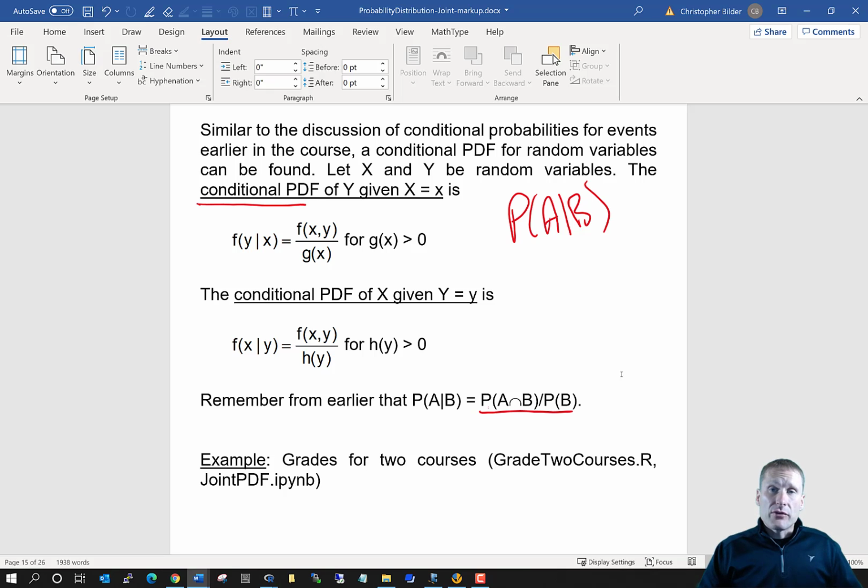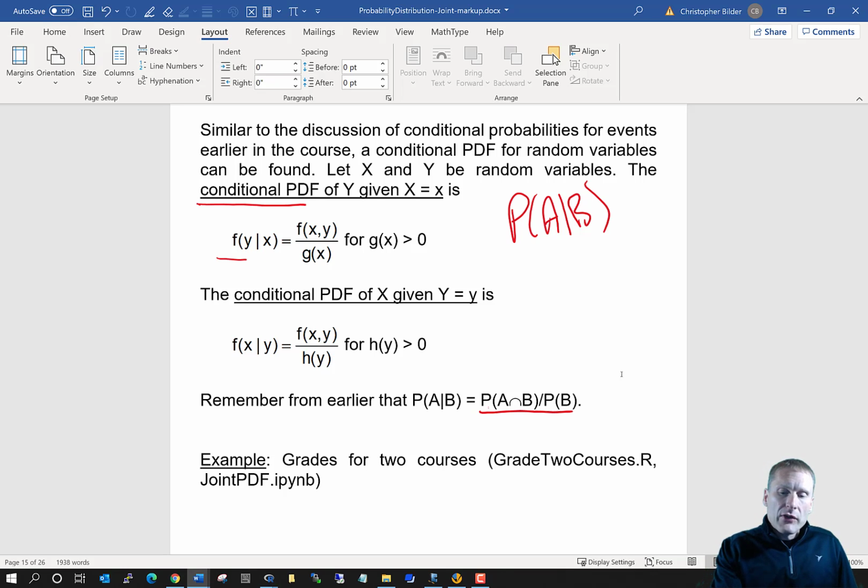That's where that could be of interest. A very similar case is, let's say you got a 95% in the prerequisite for our course. Given that 95%, now you would want to find what's the probability distribution associated with our course. What's the probability, for example, you might get a B or better in that. And that's what a conditional PDF can help you find.